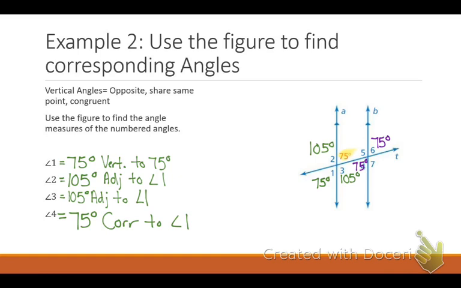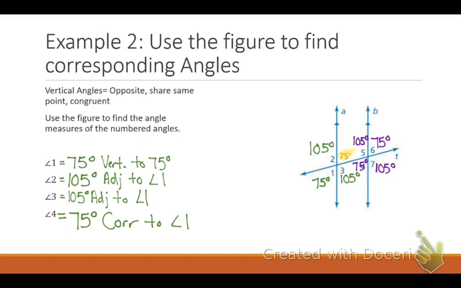All right, what about angle 5? What's the measure of angle 5? Isabel? 105. And so what's angle 7? 105 also. Okay.